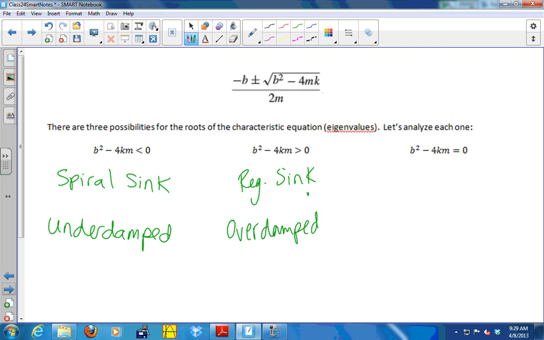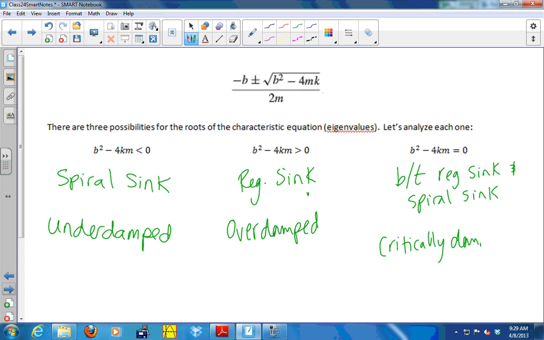So this is the bifurcation, yeah. And we call this critically damped, as in the critical value between underdamped and overdamped.